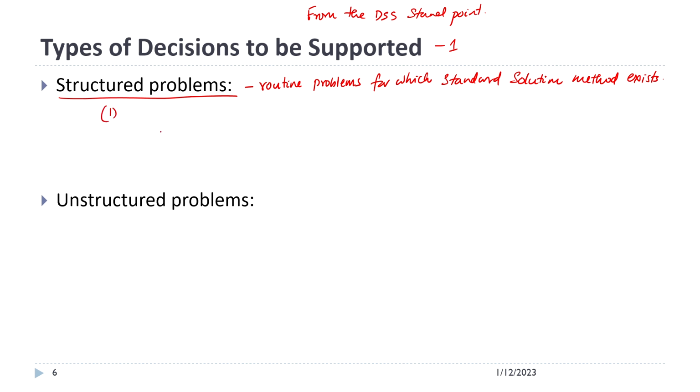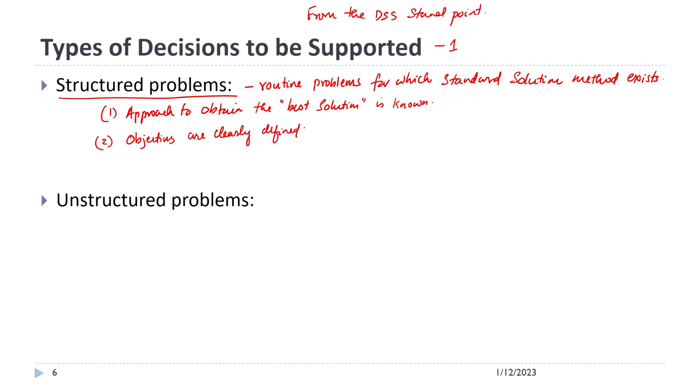The approach to obtain the best solution is known. You know the approach, how to obtain the best solution, and the second one is that objectives are clearly defined. Okay. We know what to do.